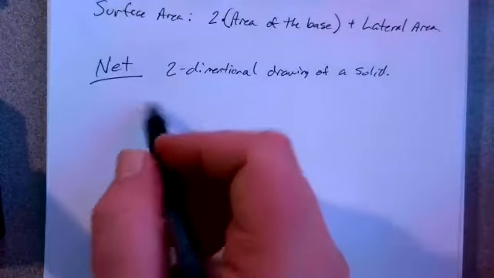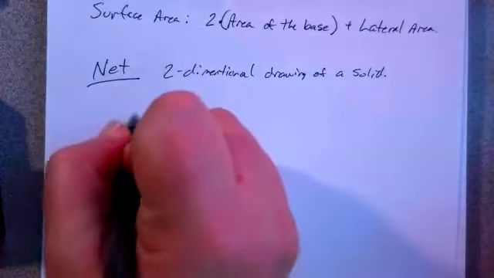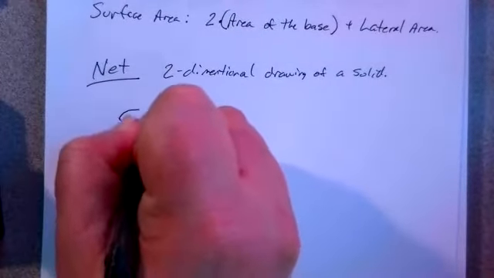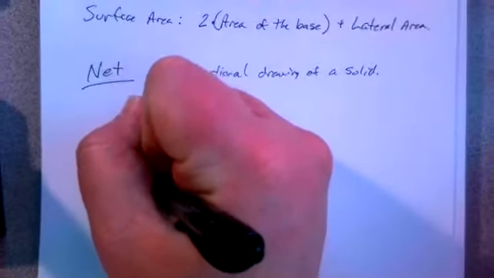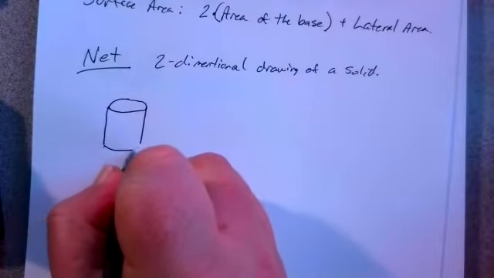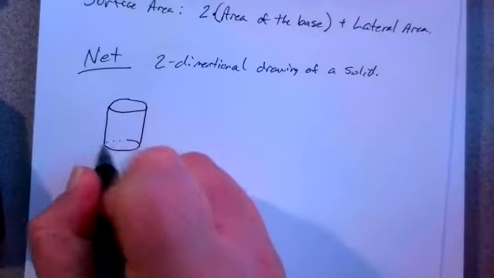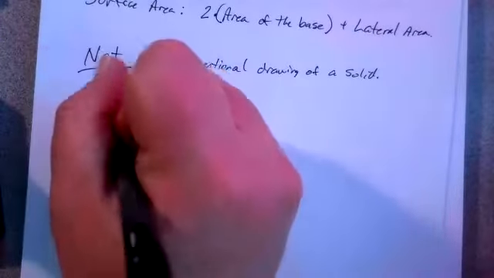And here's what I mean by that. Let's start with a cylinder here. This is a horribly drawn cylinder, and that is okay. Here I have a cylinder. Oh, it should be dashes because you can't see that part. Oh well.